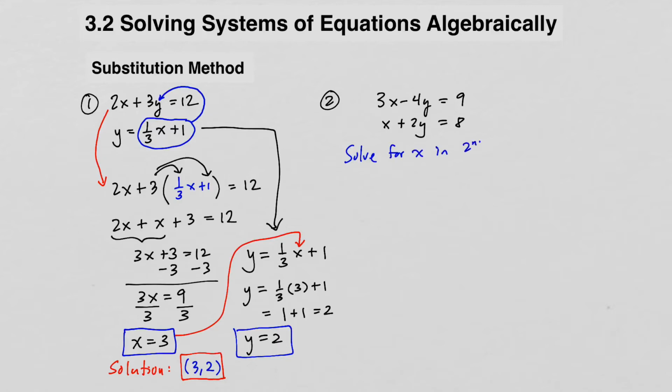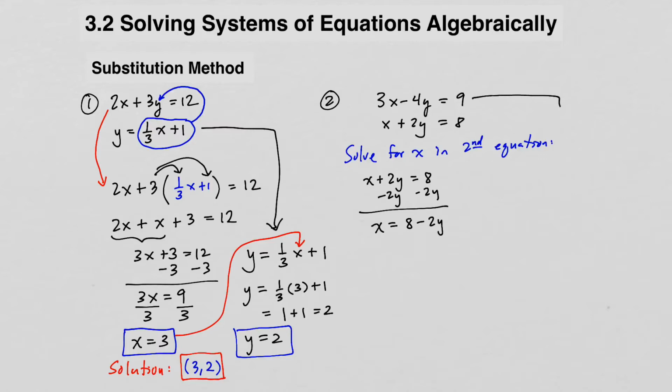in the second equation. And so the second equation is x plus 2y equals 8. I'm going to subtract 2y from both sides, and that gives us x is equal to 8 minus 2y.